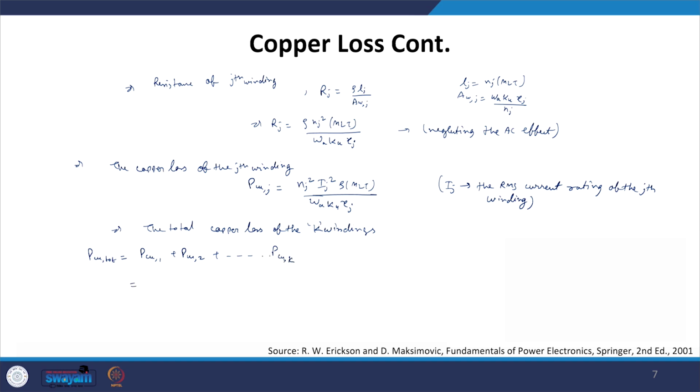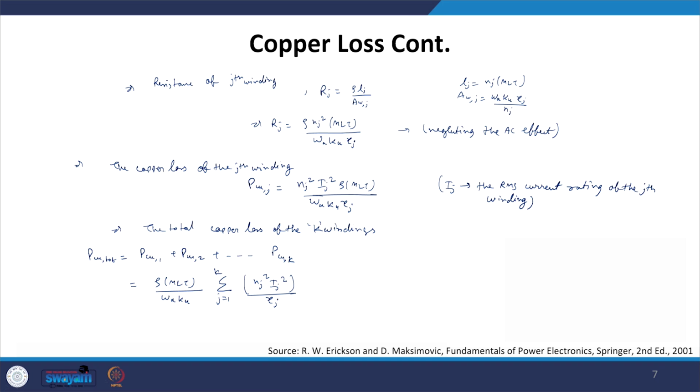Now when we put these values from this particular expression, what we are going to get is rho MLT will come out divided by WA Ku, and then you have a summation going from 1 to k of Nj square Ij square divided by gamma j.